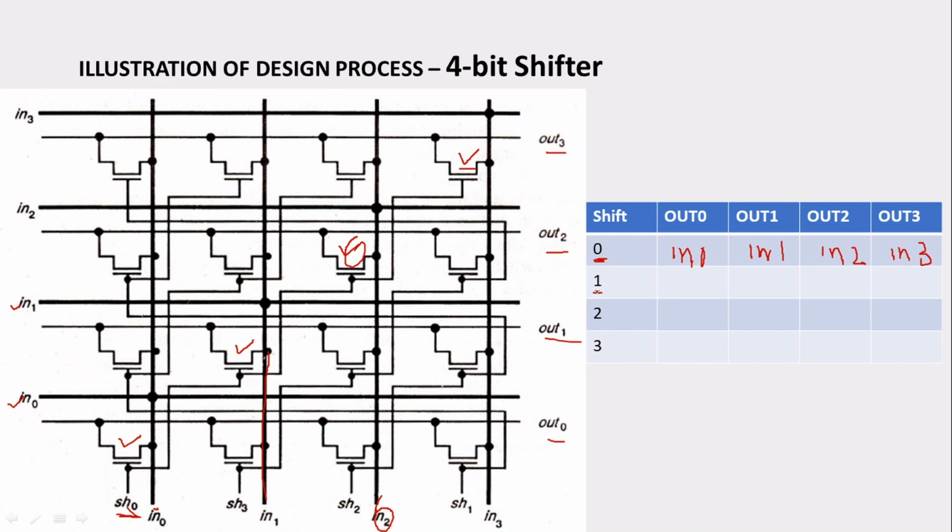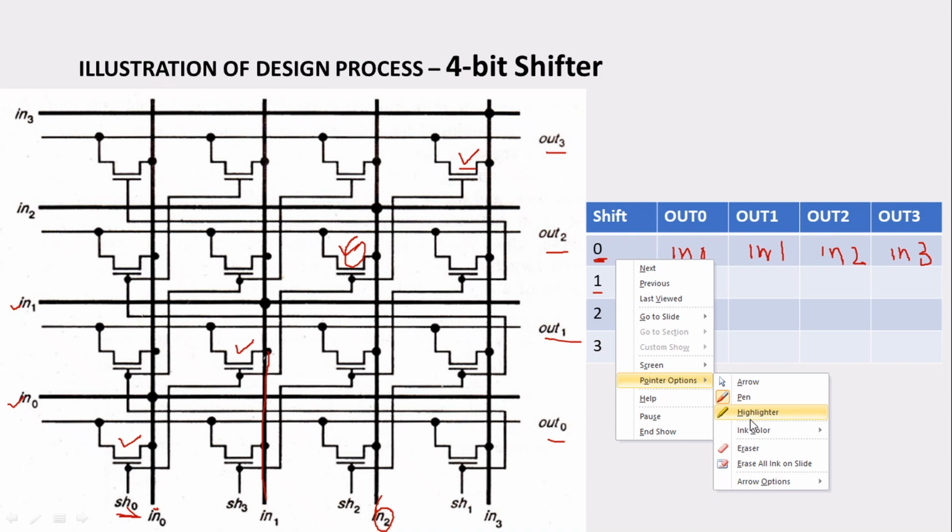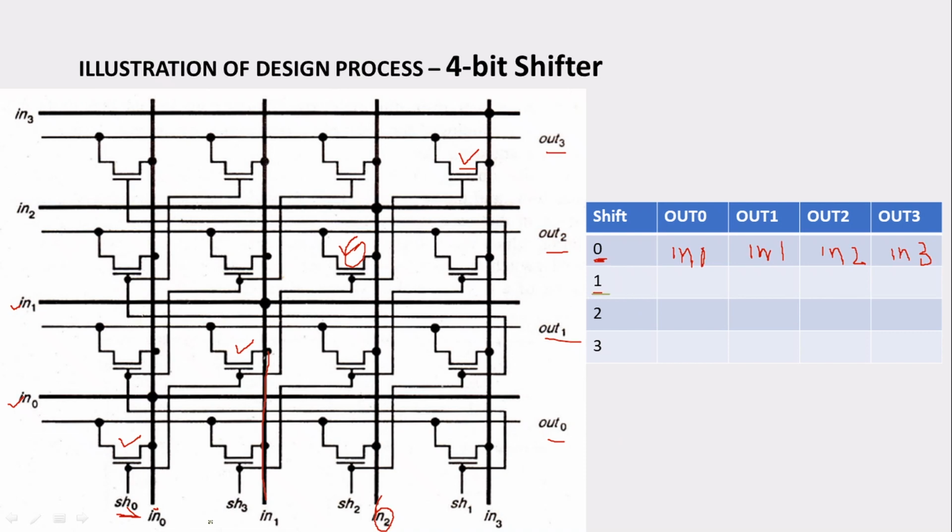Now if I want the input to be shifted by 1, so here if you look at this, when you have shift 1, you can observe this particular transistor is high, so here you can have IN1, and then this particular transistor is high, so you can have IN2.